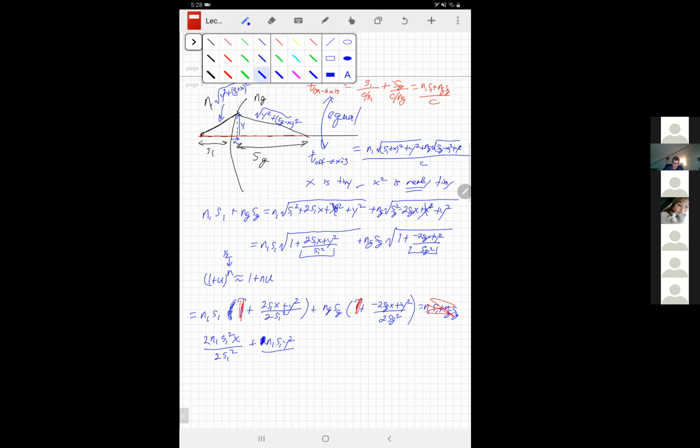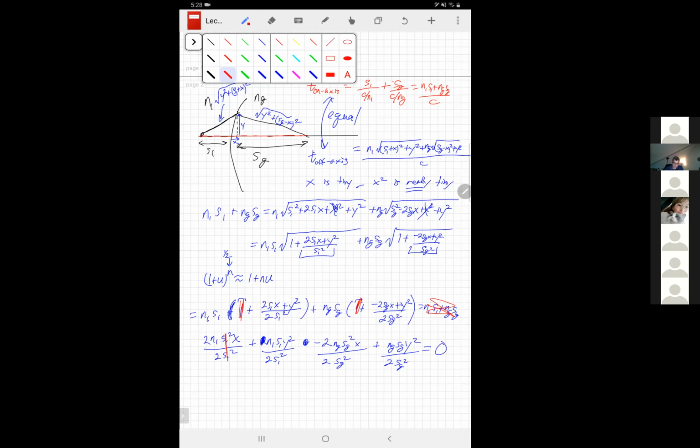Plus N1 S1 y squared over 2S1 squared, plus minus 2 NG SG squared x over 2SG squared, plus NG SG y squared over 2SG squared, and all of that is equal to 0.